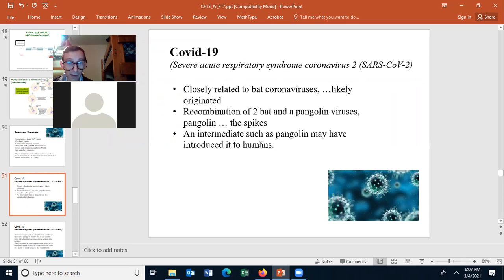And the Chinese are arguing that this virus may have been around long before and was just rare, and then it went to Wuhan, and for some reason it spread, especially in the animal market in Wuhan.